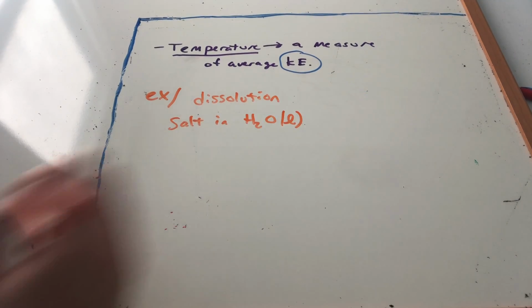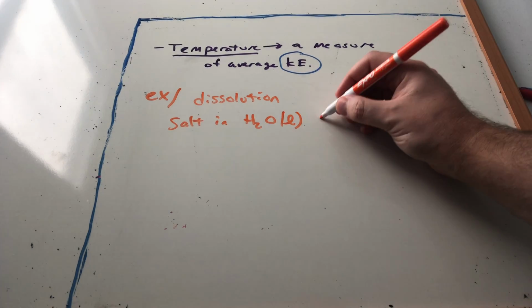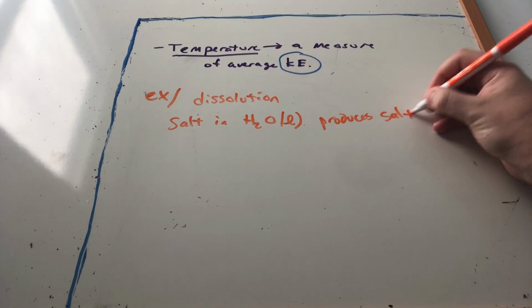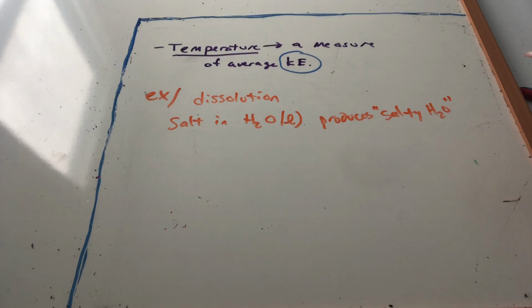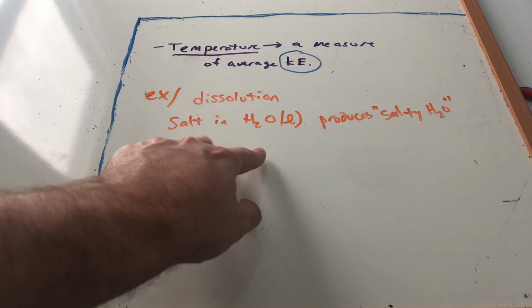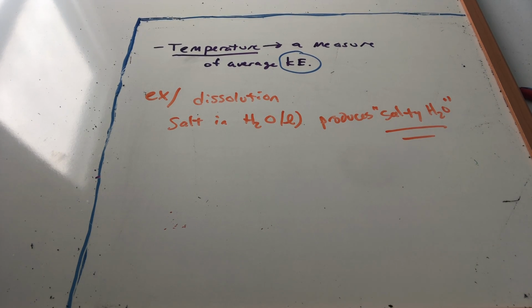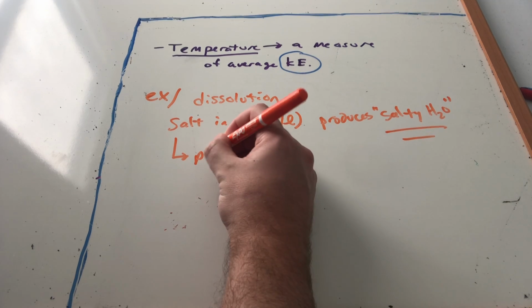If I put salt in H2O liquid, what I get out at the end is salty water. Remember we made these arguments before: water is a clear, colorless liquid, salt tastes like salt, I put them together, the properties are maintained, and I get salty water. This means that this process is a physical process. We've made a mixture.